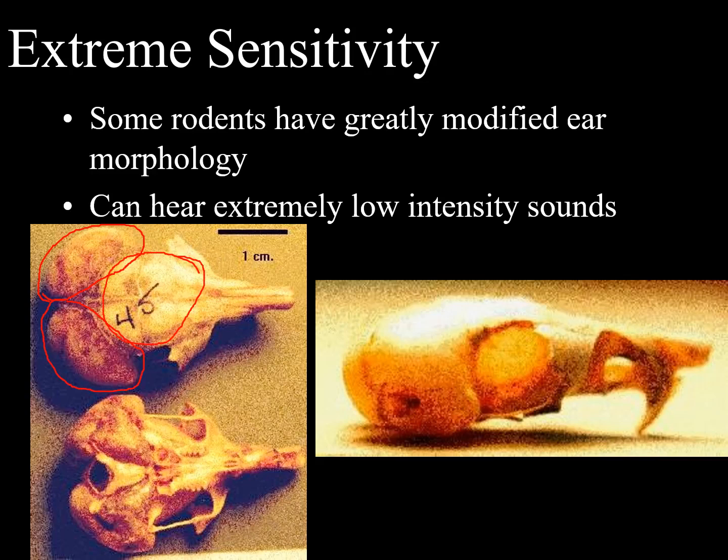So these animals can hear these incredibly low intensity quiet sounds, and that is there because that ear morphology is so modified and takes up such a big part of their skull. It's so huge that they can hear the sound of a rattlesnake's scales sliding across the ground. So they can tell when a rattlesnake is coming at them.